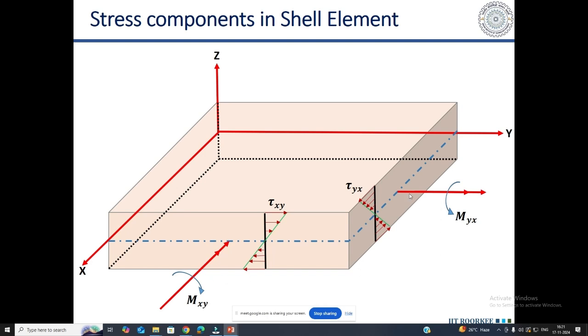Similarly, if you apply some twisting in the y plane, not to the whole element, again depending on the direction of movement, so now this twisting movement is directed with the arrow sign you can see here. Because of that, the top fibers will generate stresses in this direction, and bottom fibers will generate stresses in the negative x direction.